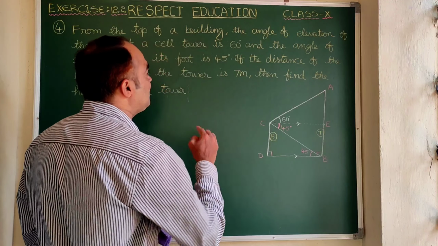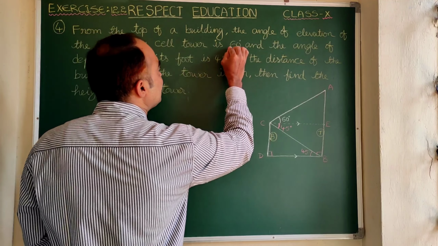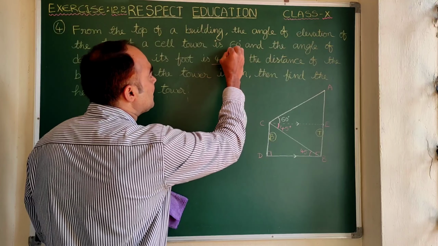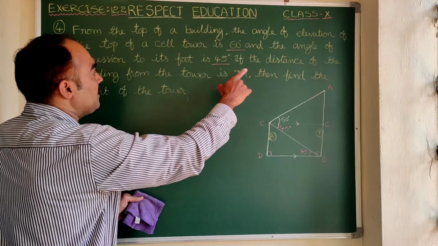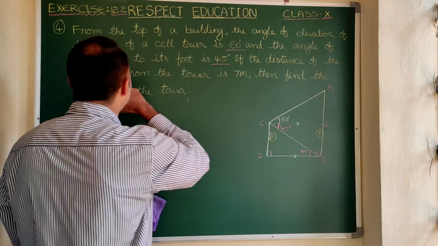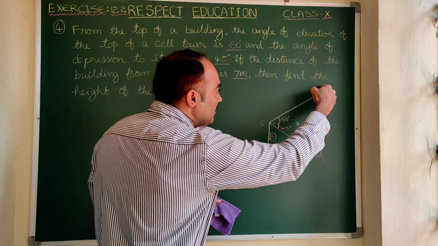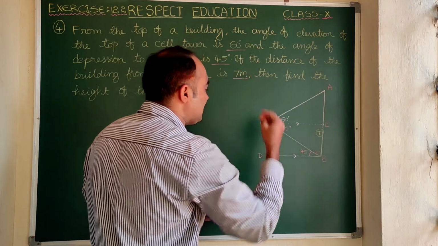Now here let us see whether we have used all the values or not. 60 degrees is the angle of elevation, which is mentioned here. 45 degrees is the angle of depression, that is also mentioned here. And what else is given? If the distance of the building from the tower is 7 meters, that means the distance between the tower and the building is 7 meters.